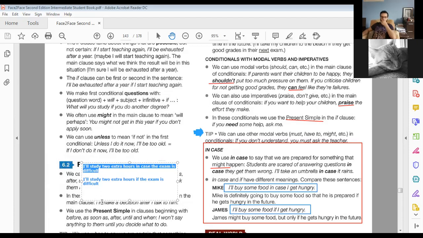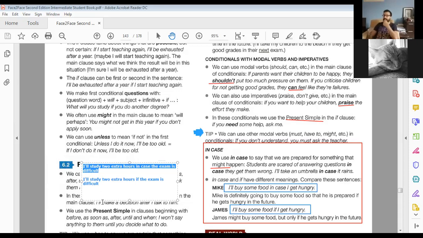Do you know what precaution means? Precaution? So precaution is like someone who is trying to be prepared for something bad. That's why with umbrellas, it's better to say, I'll take my umbrella in case it rains.